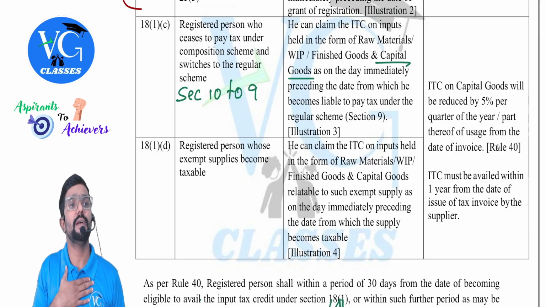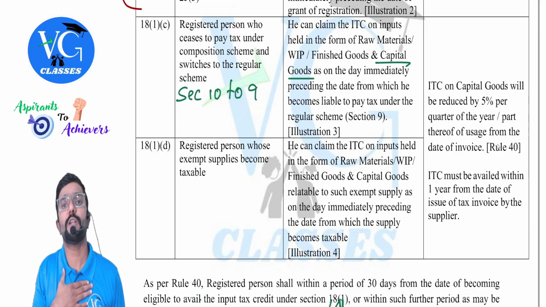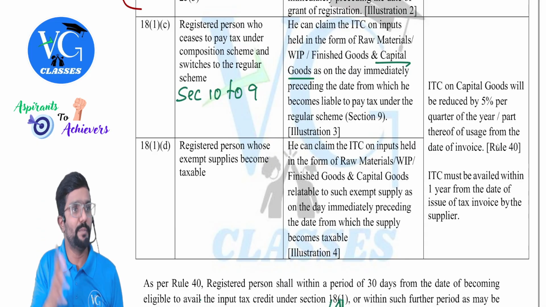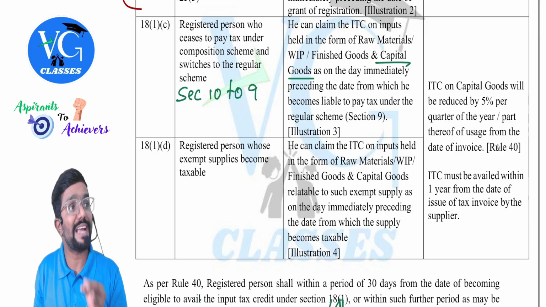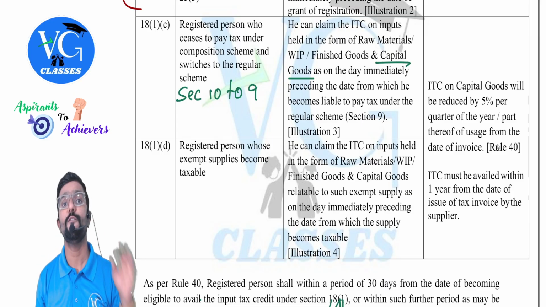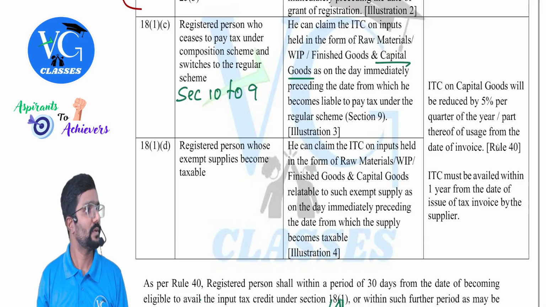Guys, in my example, I became liable to pay tax as per the normal scheme from what day? 15th February. We need to take stock as on what day? The preceding day, which is 14th February.